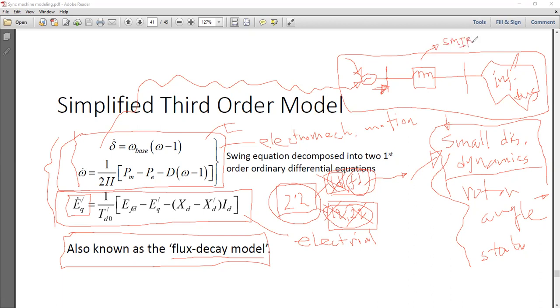That means we have a single machine which is delivering power, using a transmission network, to an infinite bus, which is an equivalent of a very large network comprising many generators and many other equipment present in a real power system.